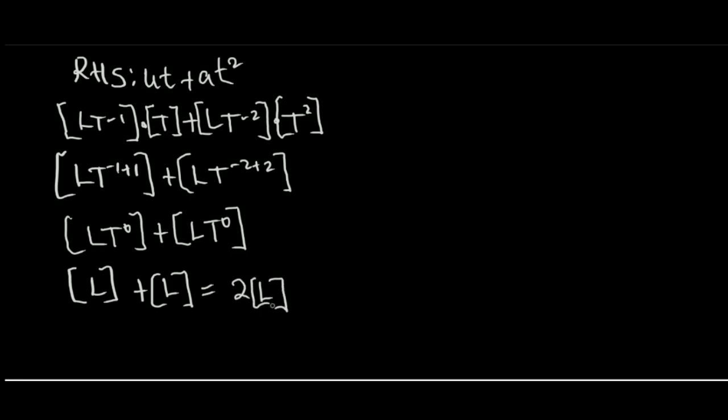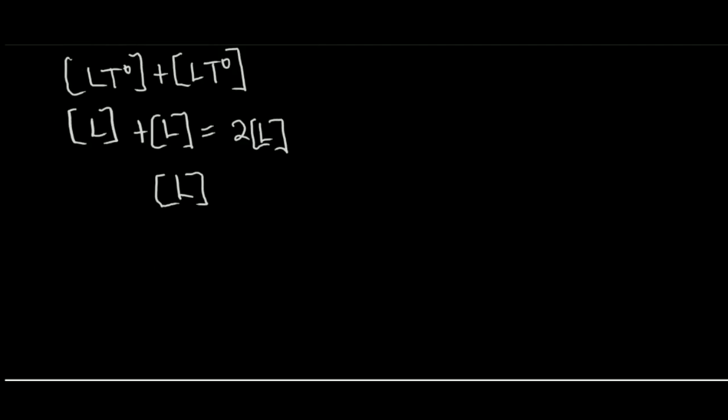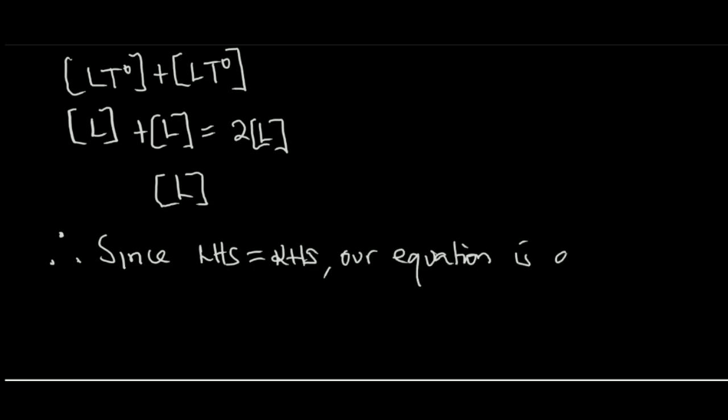And like what we've stated, constants are to be ignored. Thus this is just L. So we conclude that since left hand side is equal to right hand side, our equation is dimensionally homogeneous. Okay, so this is part A of our second problem.